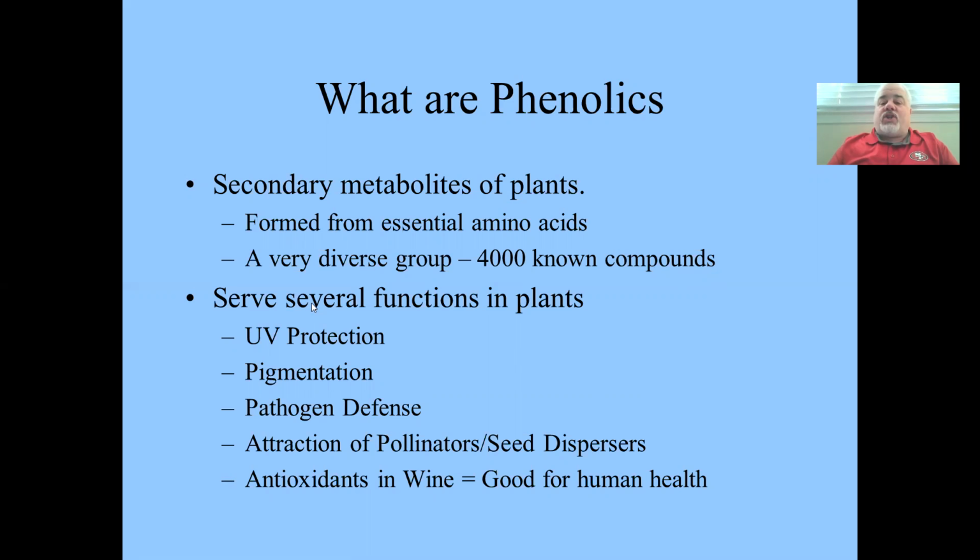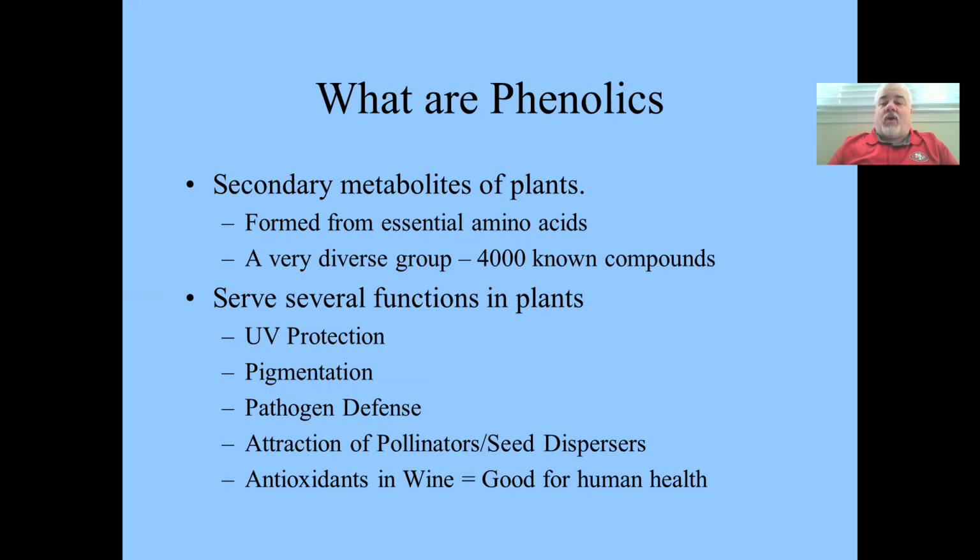So what do they actually do in plants? UV protection. UV is ultraviolet light, so it's like sunscreen for the plant. Pigmentation. So some phenolics provide the reds in red wine. Pathogen defense. Phenolics are toxic to certain kinds of diseases, and they're inhibitors for certain types of arthropod pests like insects.